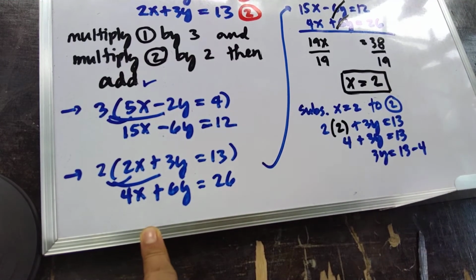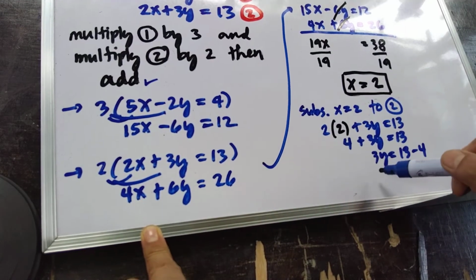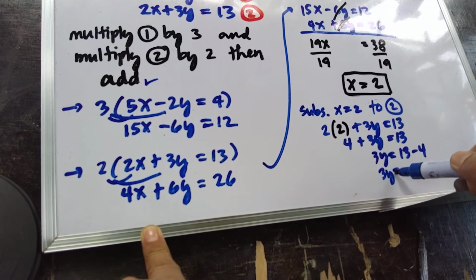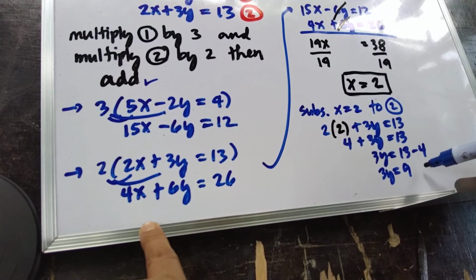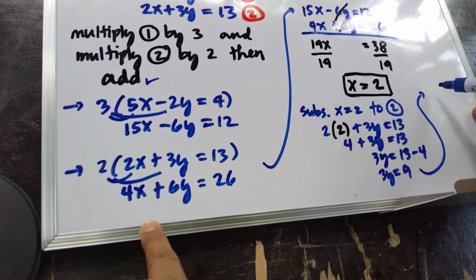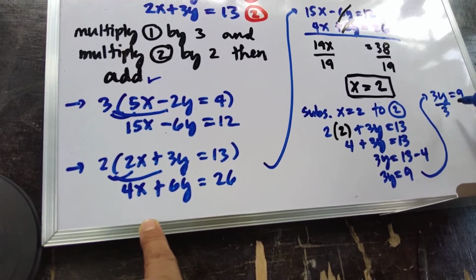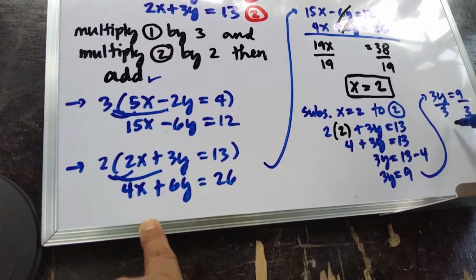It becomes negative because we transpose it to the right side, and 4 here is positive. So you have now 3y is equal to 13 minus 4, that is 9. So we divide both sides by 3. So y is equal to 3.